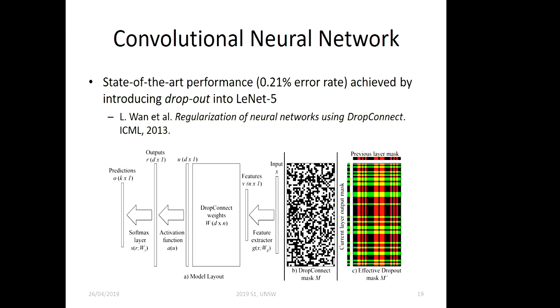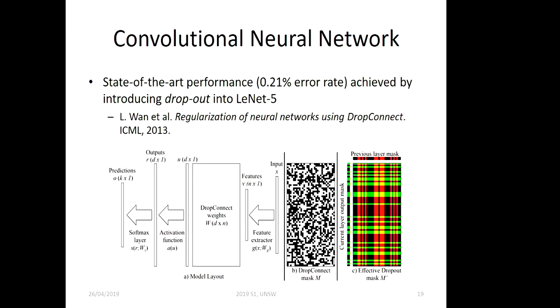With this type of technique, the network is able to generate an ensemble of a large number of different neural networks. So with this technique, you are tackling the overfitting problem.